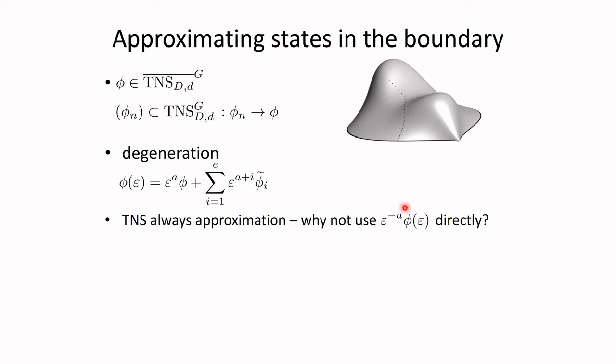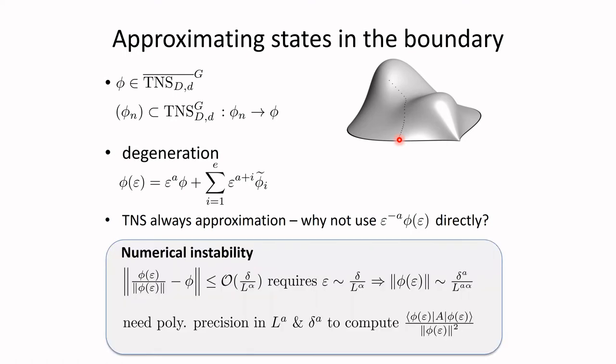We just use this expression as an approximation of the state phi that we're interested in, and then do our normal optimizations to find a state which is, well, not phi exactly, but very close to the boundary. In principle, that would be possible, but it leads to numerical problems that I would like to briefly elaborate on.